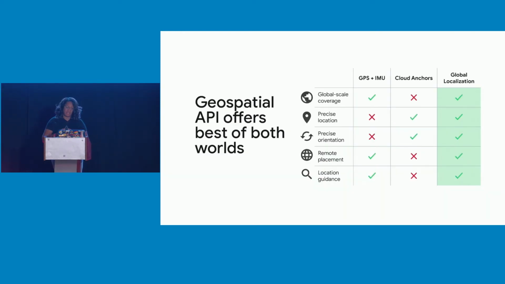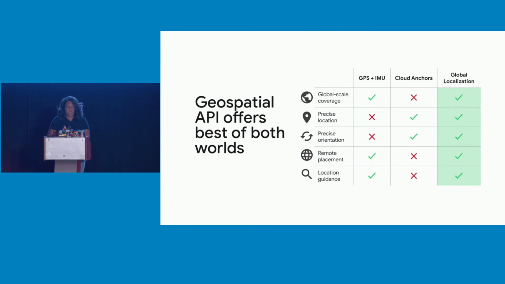So this just compares those three options. You can have global scale with GPS, and you can have global scale with the new geospatial API, but you lose some of the accuracy, the precise location, or the precise orientation as well.